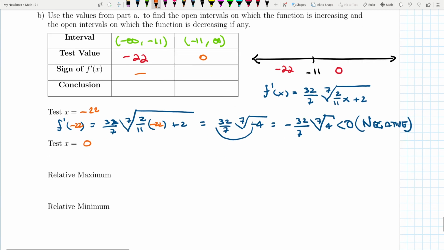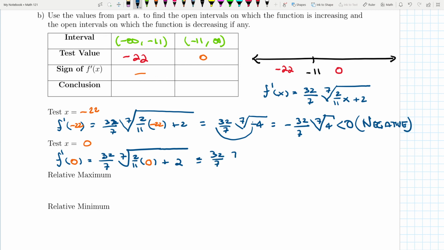And well, let's do the same for 0. f prime at 0 is 32 over 7 times the 7th root of 2 over 11 times 0 plus 2. What are we going to get? Well, 0 times 2 over 11 is simply 0. And this is the same as 32 over 7 times the 7th root of 2. And again, we really don't care about what the value of this is in decimal.